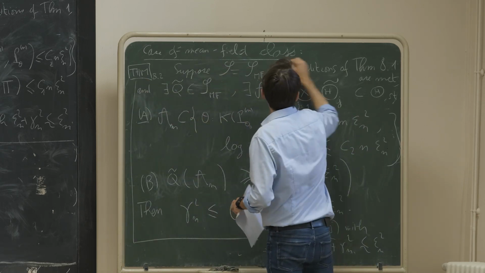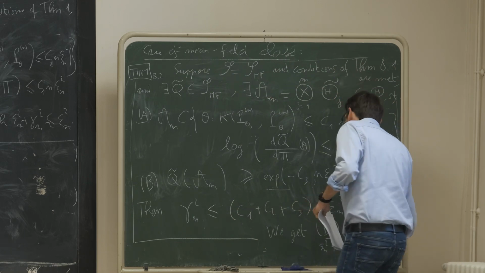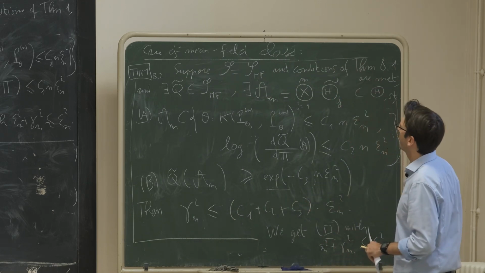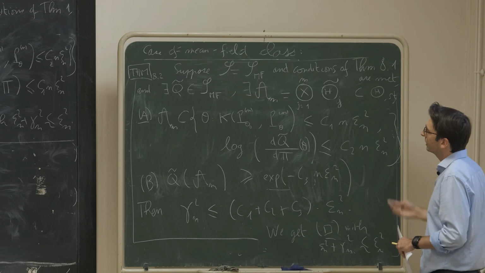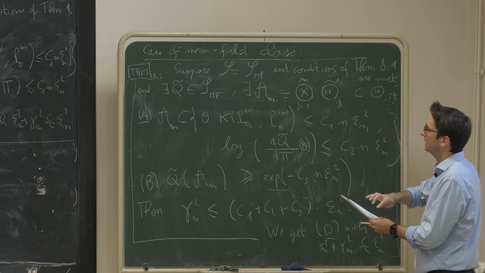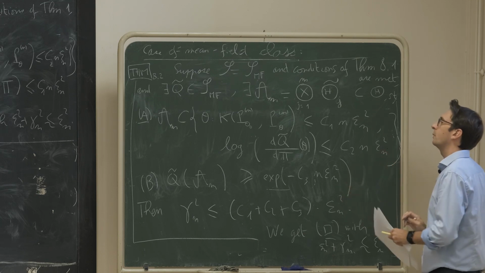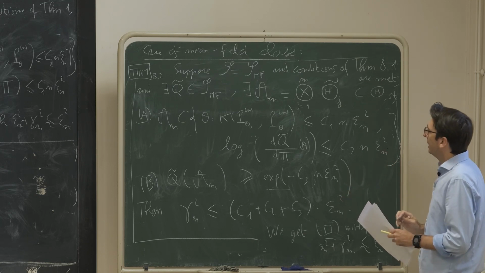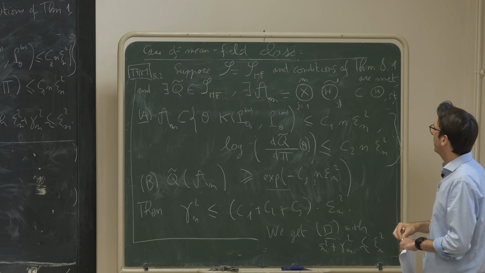So here we get a set of conditions that still look quite familiar, right? And that's where the structure of the mean field class gets mixed with the model and the prior.